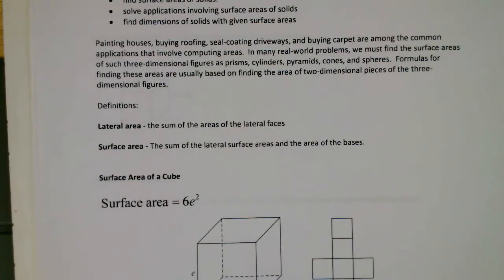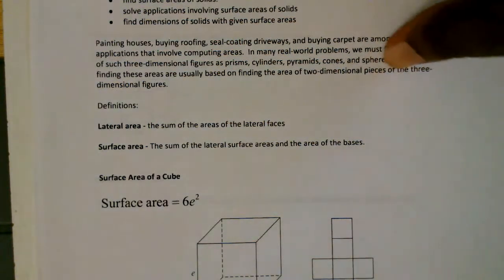Okay, now the top and the bottom are usually going to be considered to be your bases. So the surface area, by definition, is going to be the sum of the lateral surface area and the area of the bases, which are the top and the bottom.